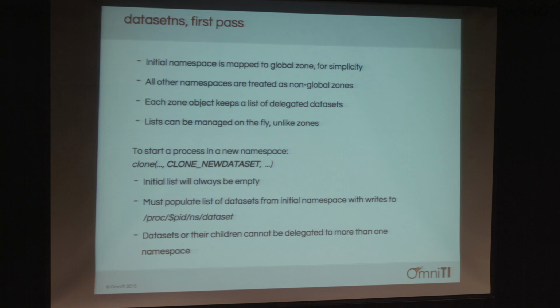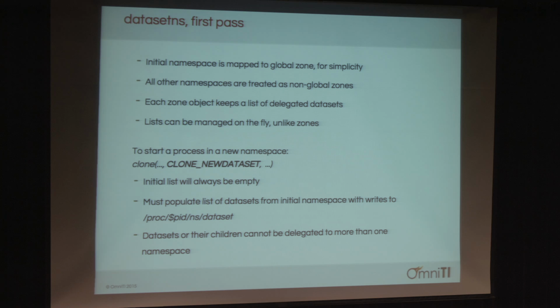So in the initial global zone, there's also an initial dataset namespace, and all of the other namespaces are non-global zones, at least for the first pass. The other thing about namespaces is they can be nested, so you can have inheritance and containers within containers.